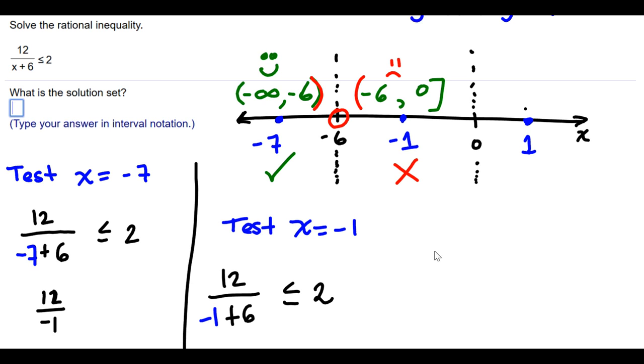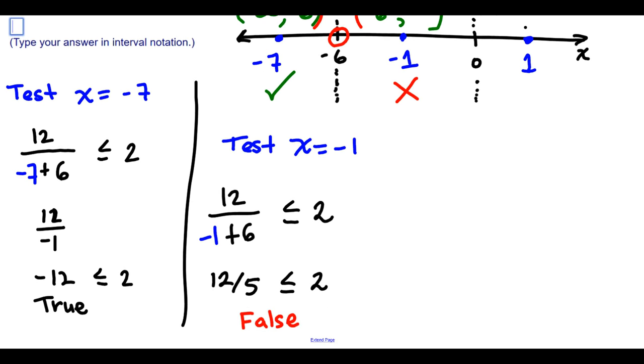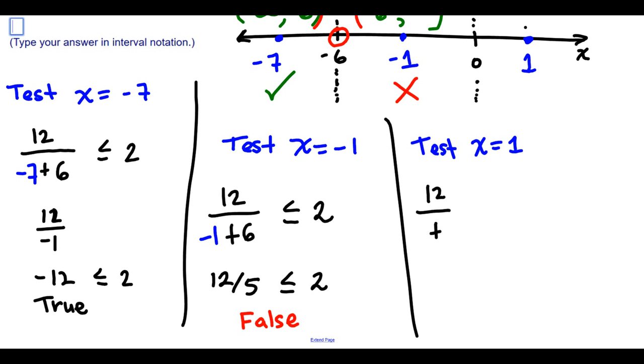So I will not be using this region as part of my solution set. And then one more to go, x equals 1, so we'll go ahead and test that. Okay, so I have 12 over x plus 6 less than or equal to 2, and I'm plugging in +1, and then I get 12 divided by 7 is less than or equal to 2.